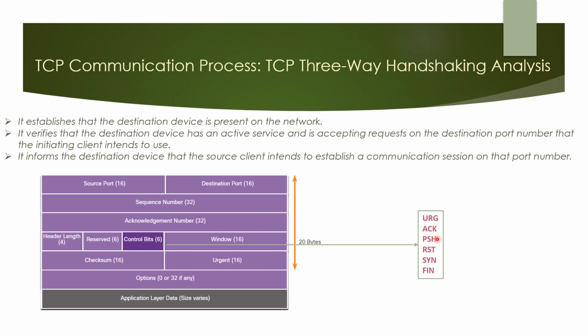We have the acknowledgement flag used in connection establishment and session termination. We have the push function. We have the reset flag, to reset the connection when an error or timeout occurs. We have the synchronize sequence number flag used in connection establishment, and we have the FIN flag, where there is no more data from the sender, used in session termination.